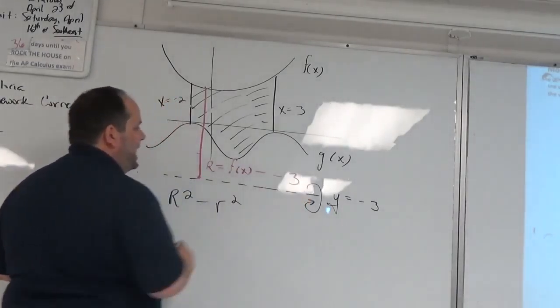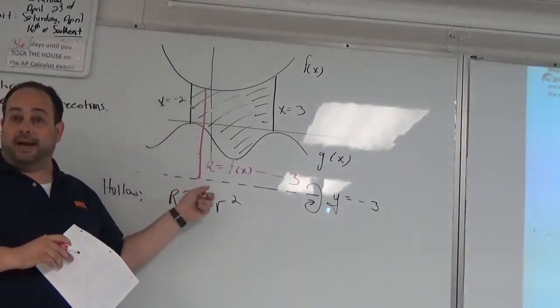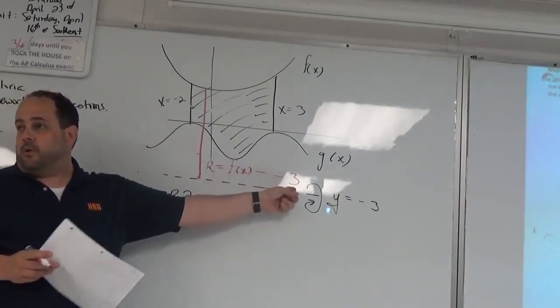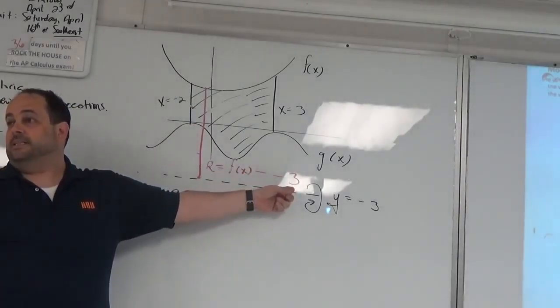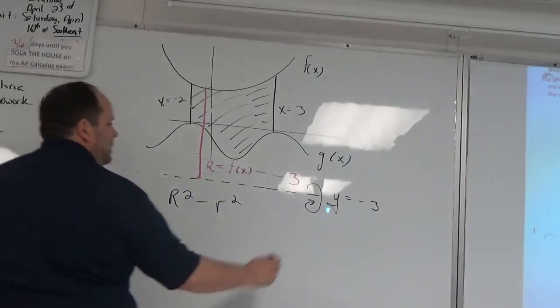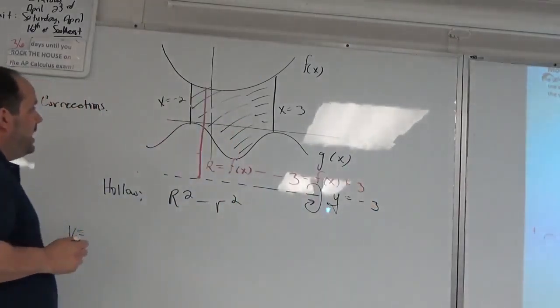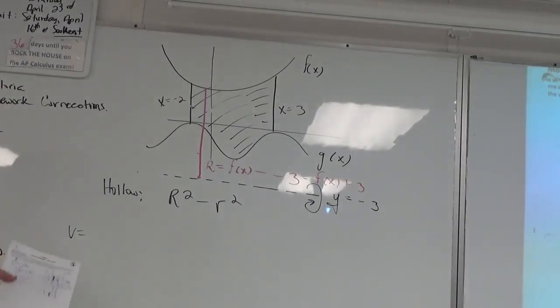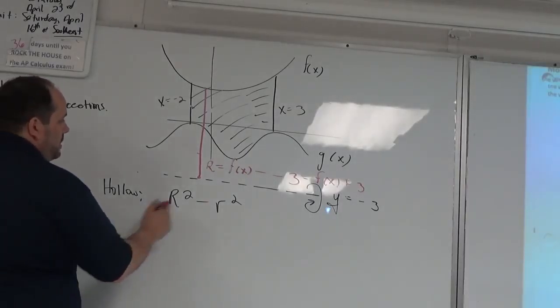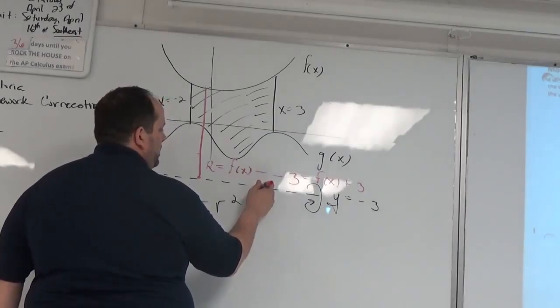F of x minus -3. Top minus bottom. Of course, you don't have to write it as f of x minus -3; probably what everyone's going to do is f of x plus 3. Edgar, what are your thoughts on little r? Little r is f of x minus g of x.